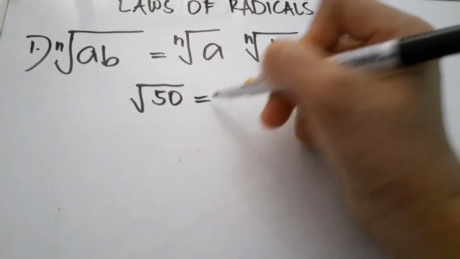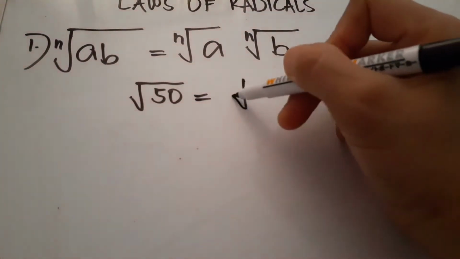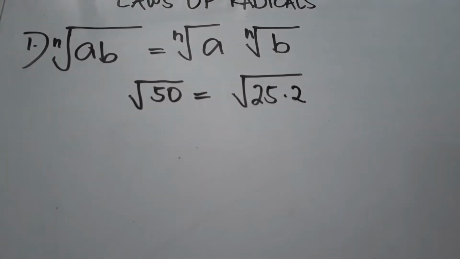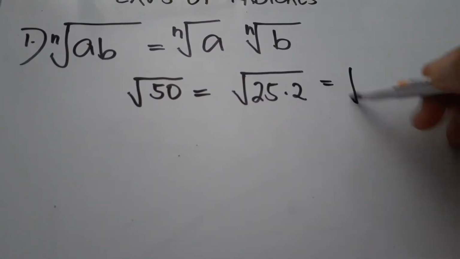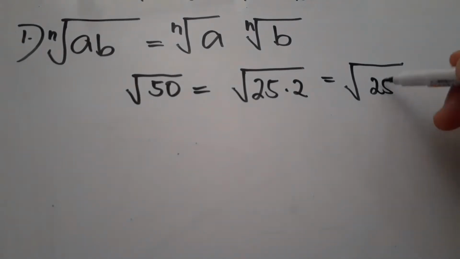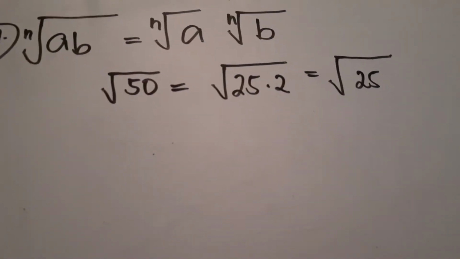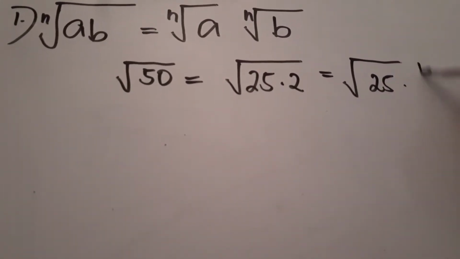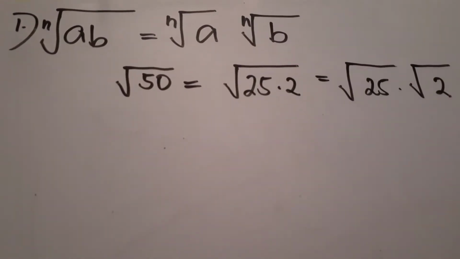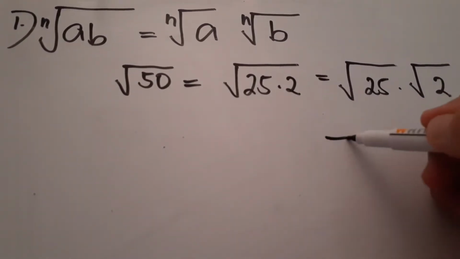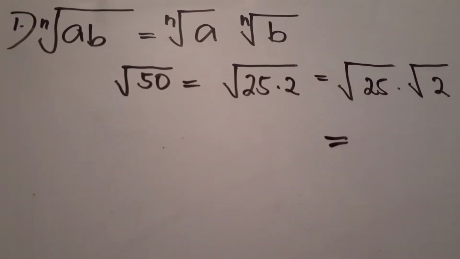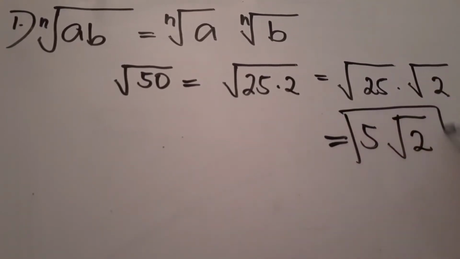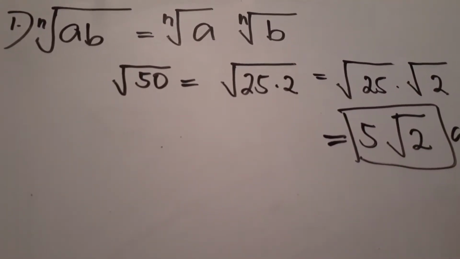The square root of 50 is not a perfect root, so we can factor first: the square root of 25 times 2, and we separate into the square root of 25 times the square root of 2. Since 25 is a perfect square, the square root of 25 is 5 and the square root of 2 remains, and this is the answer.